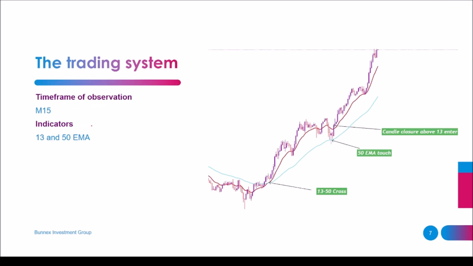So we are going to be looking at the M15 time frame, as I've said earlier, and the indicators that we are going to be using are the 13 exponential moving average applied to close, as well as the 50 exponential moving average applied to close as well. After being put on the charts, in my case, the one in red is the 13 EMA and the one in blue is the 50 EMA.